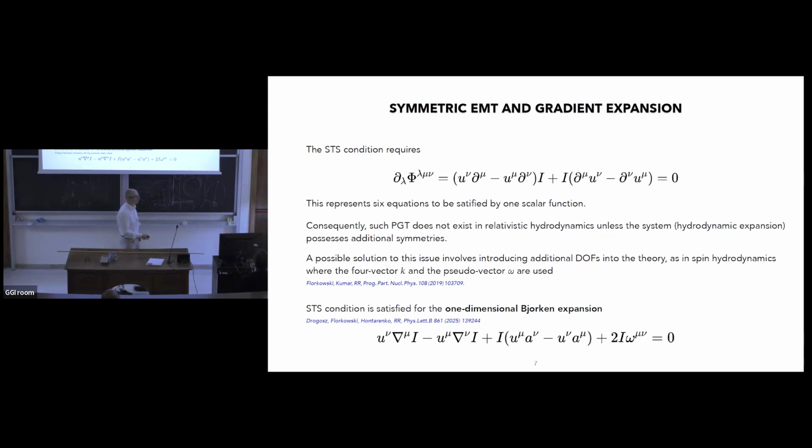So it's not possible to have this transformation constructed in the way I described. But in the one-dimensional Bjorken expansion, this is actually satisfied automatically, because the four-acceleration is 0, this tensor is 0, and also these parts are 0. So this constraint is satisfied, so it's okay.